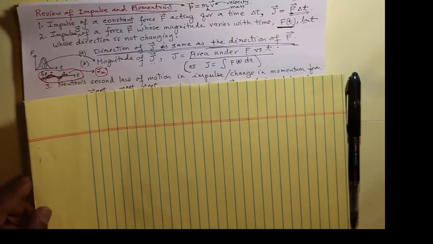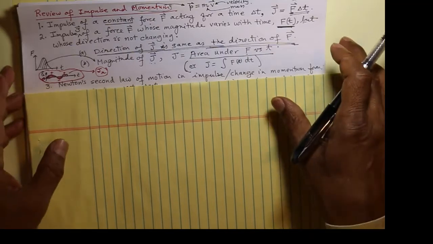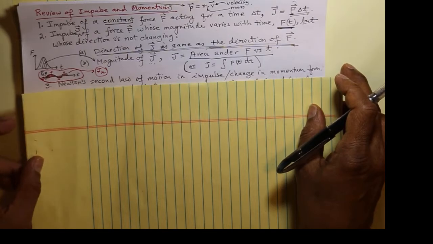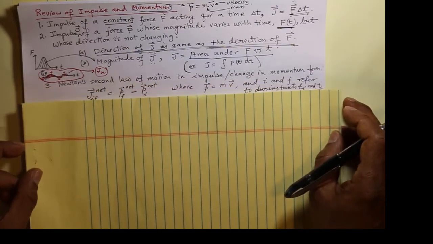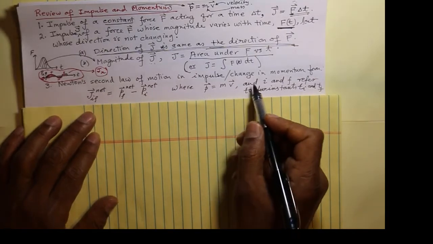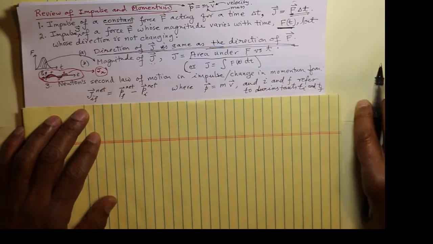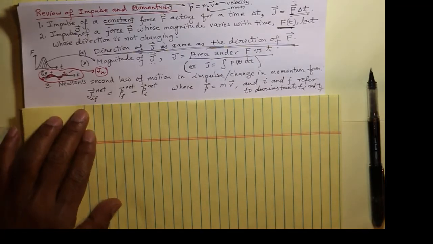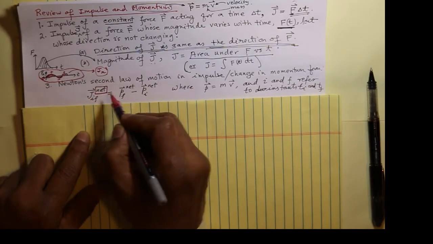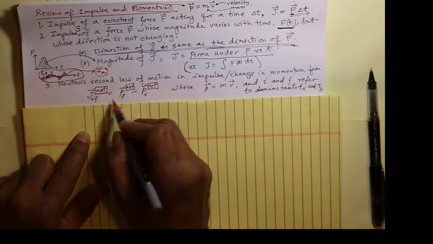Second law of motion: when you work with the second law of motion, usually you think of F equals ma or F equals dp/dt, but you can write that in an impulse and change in momentum form. So if I look at the net impulse, if you add up all the impulses, then you will get the change in the net momentum.